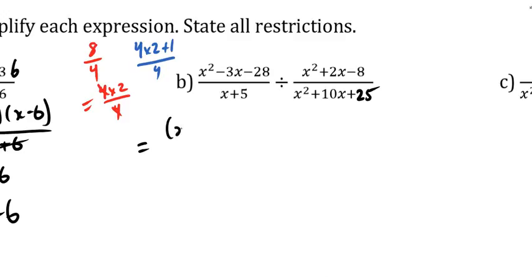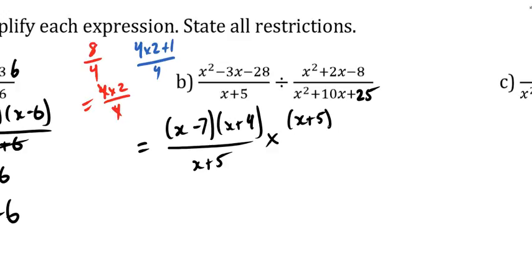So x minus 7, x plus 4 over x plus 5 times, I'm going to factor the bottom, which is x plus 5 squared, and you can write it as squared or you can write it out. And then what do I have on top? x plus 4, x minus 2.